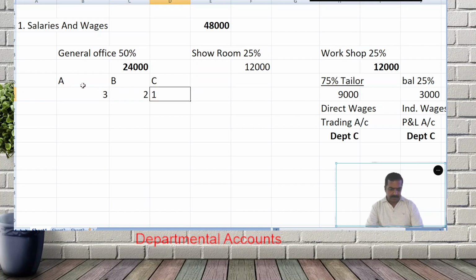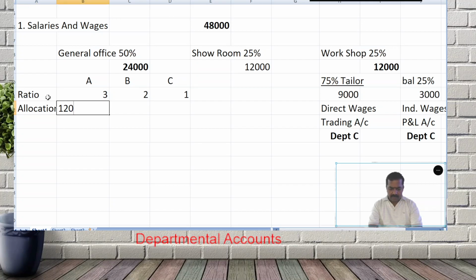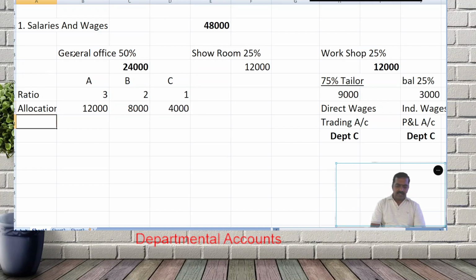This 24,000 you would allocate in 3:2:1. என்ன வரும்? 12,000, 8,000, 4,000. இது வந்து ஜெனரல் ஆபீஸோட salaries and wages.